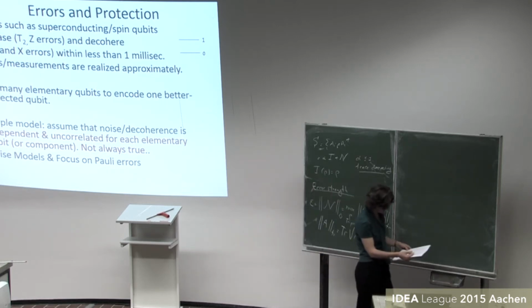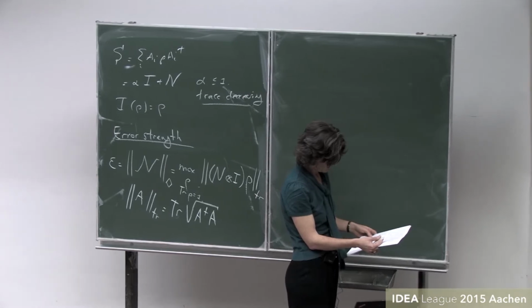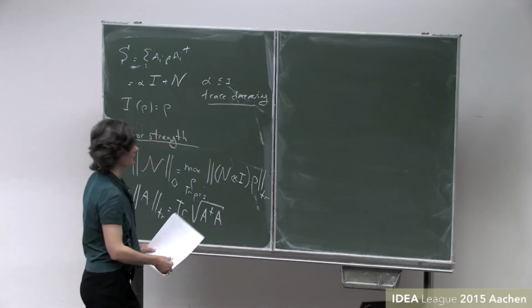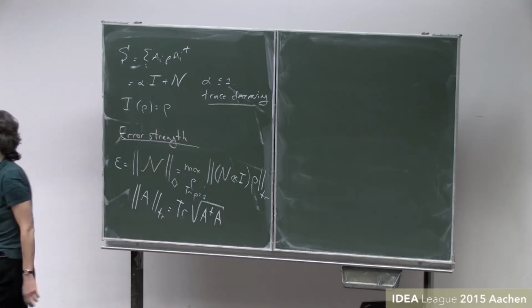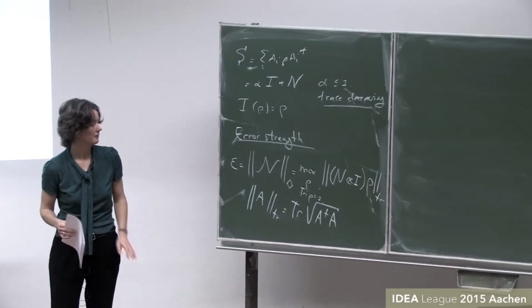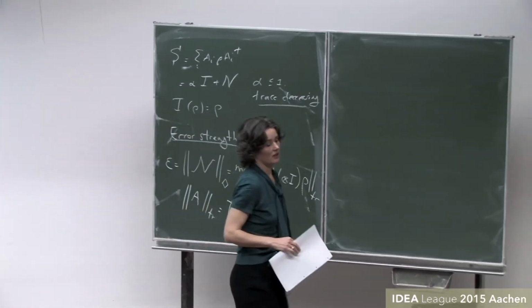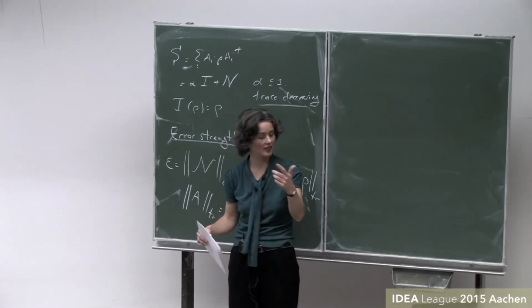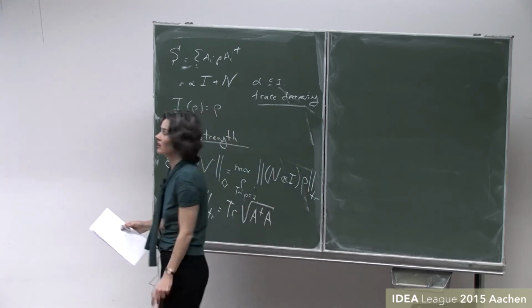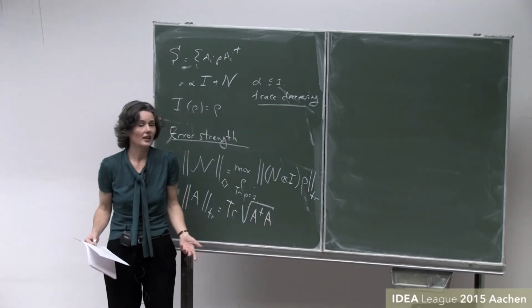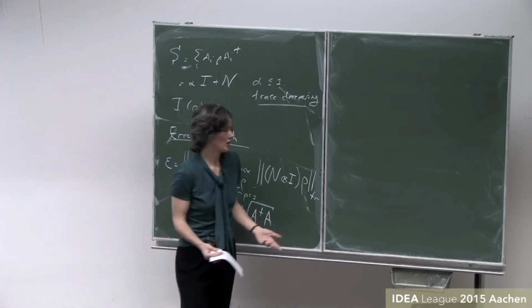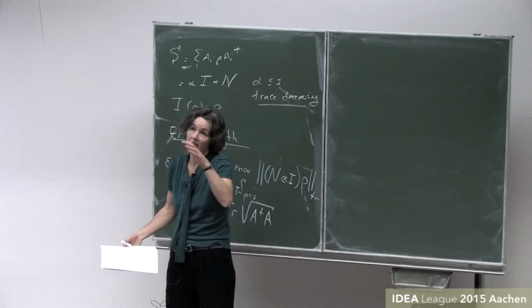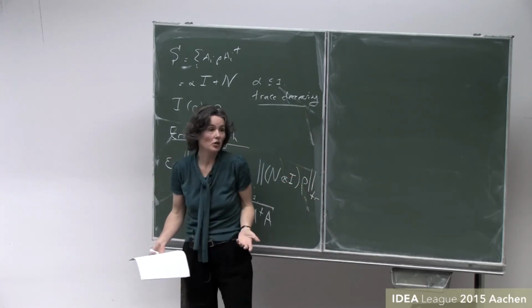Okay, but let me make a very simple remark, which I think is often missed. People usually learn about quantum error correction and say, okay, there's bit flip error, there's phase flip error, and there's both. Then the first question you should ask yourself is, I don't have that kind of error. If I have a gate with a small over rotation, or the frequency of my qubit is jittering a bit, what does this have to do with Pauli errors?